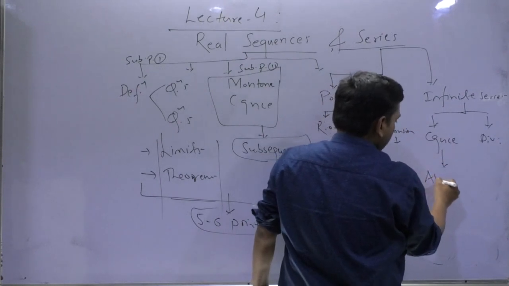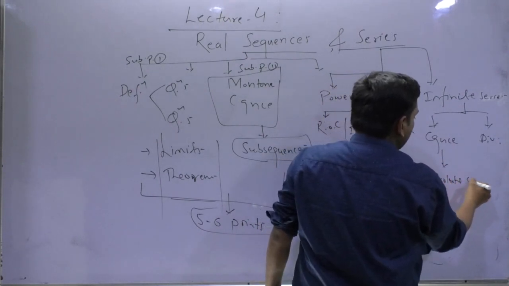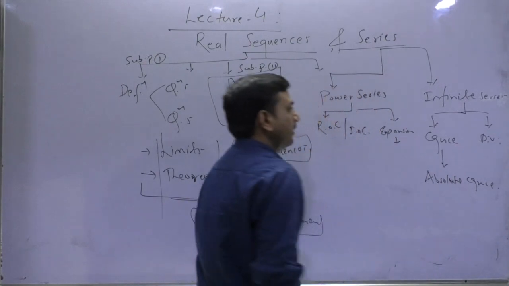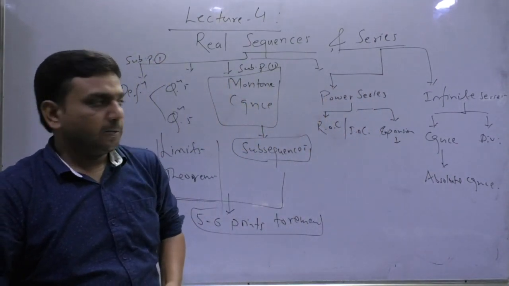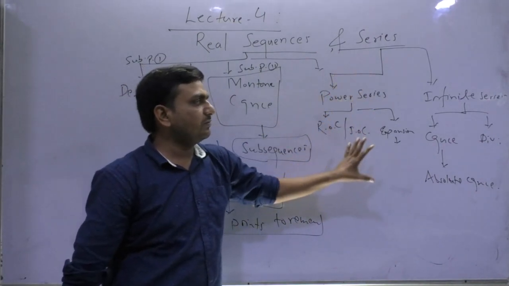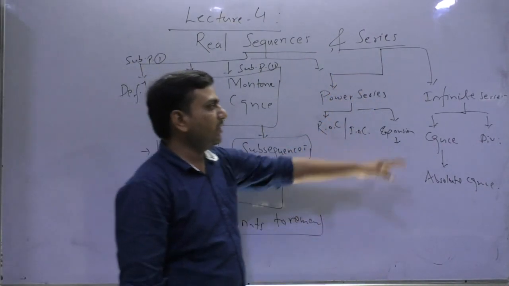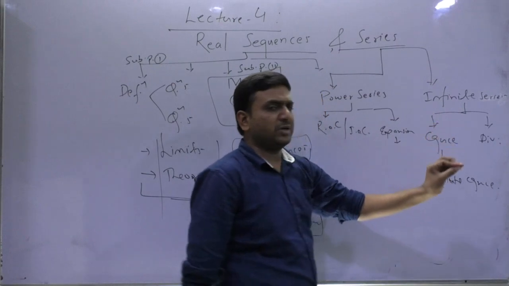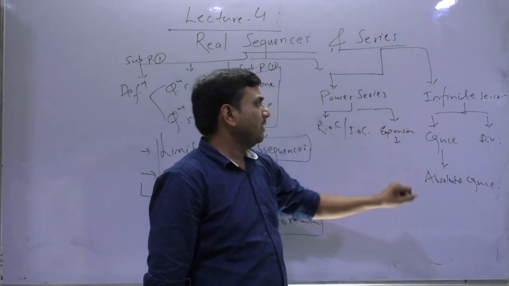In convergence, another part will be absolute convergence. Got it? So this is the real sequences and series chapter. Here we will have different formulas, we will remember those, that is not a big deal.